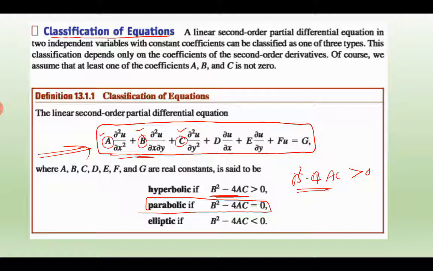If the discriminant is less than 0, we call this differential equation elliptic. There are three cases: greater than 0, equal to 0, and less than 0, isn't it? So if positive it is hyperbolic, equal to 0 it is parabolic, less than 0 it is elliptic. Only three cases, right? No other constants are necessary for this classification.